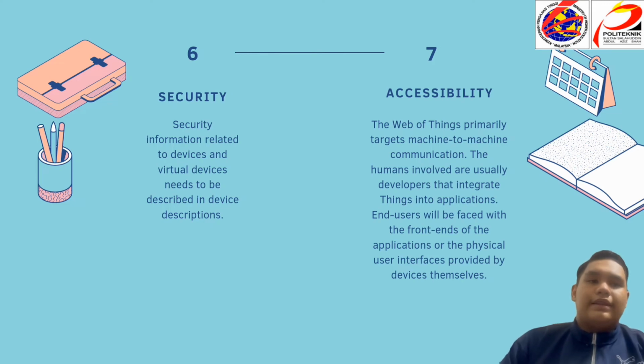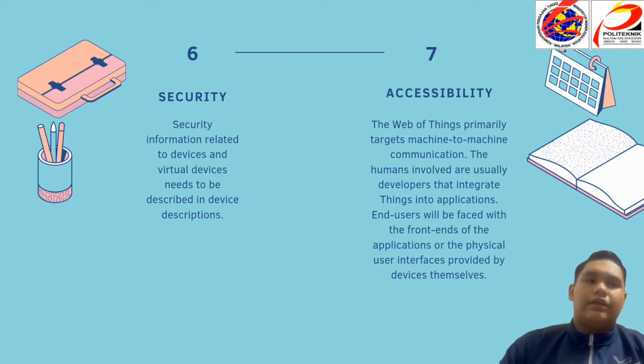And lastly is accessibility. The Web of Things primarily targets machine-to-machine communication. The humans involved are usually developers that integrate things into applications. End users will be faced with the front ends of the application or the physical user interface provided by the devices themselves.